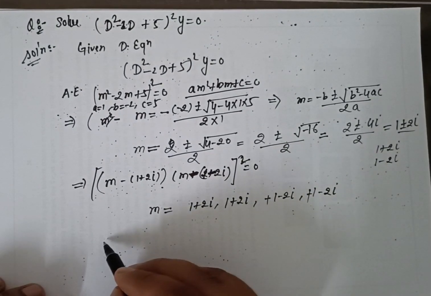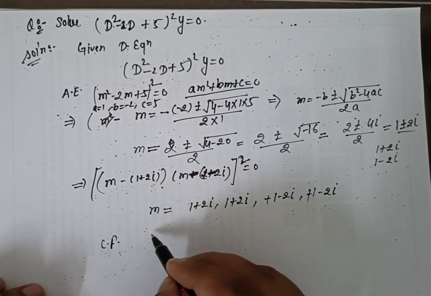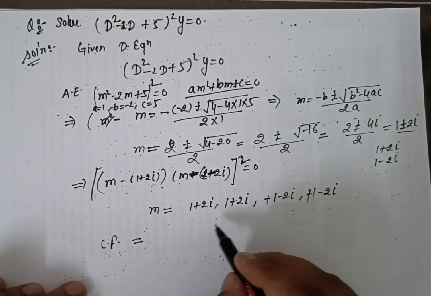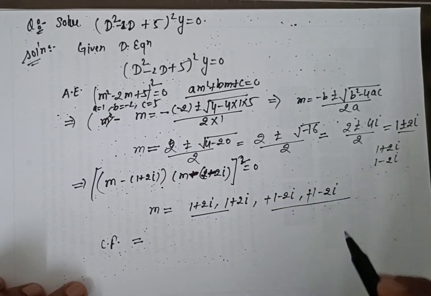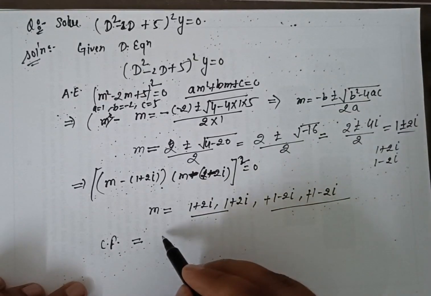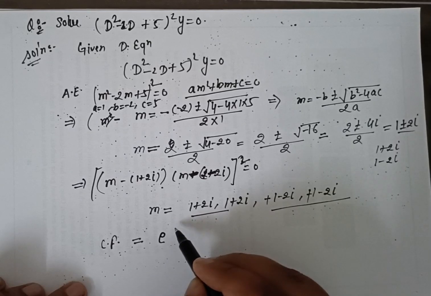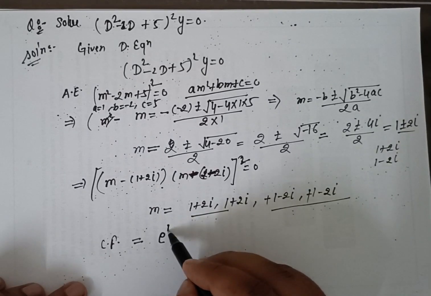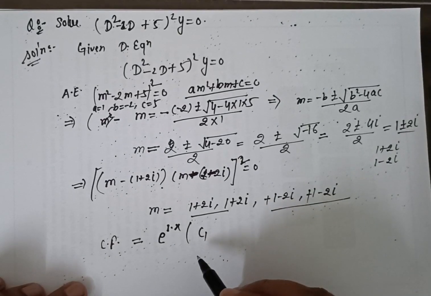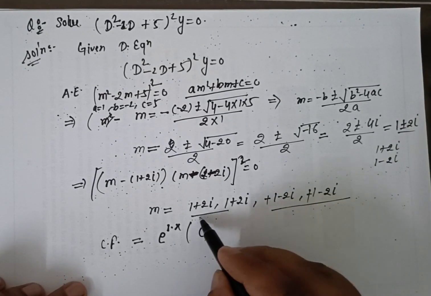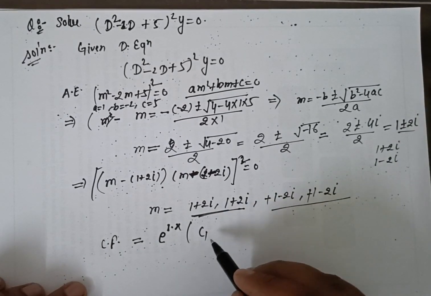So obviously we can find the complementary function with the help of the theory of complementary functions, as we have two complex repeated roots. So you can write e to the power alpha, which is 1 into x, and c1 plus c2x, for these two roots, because these two roots are repeated.